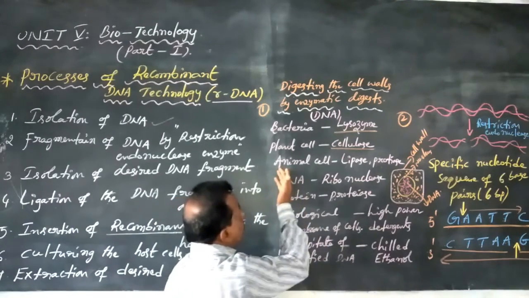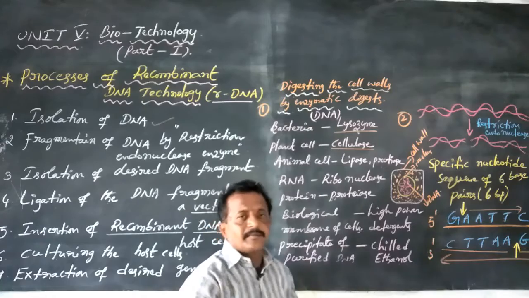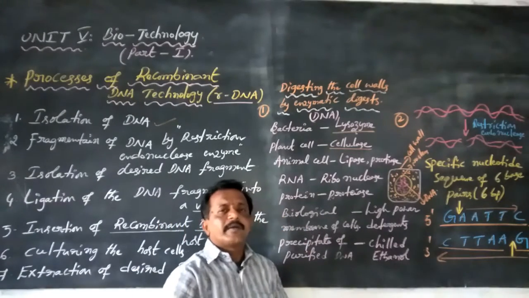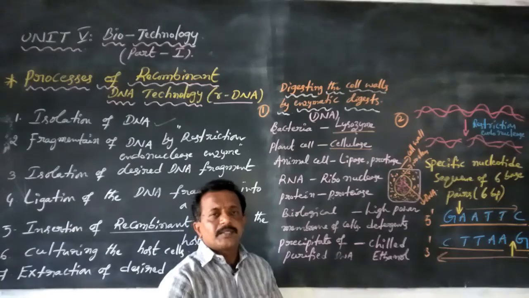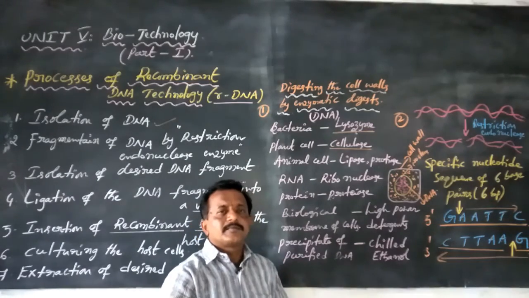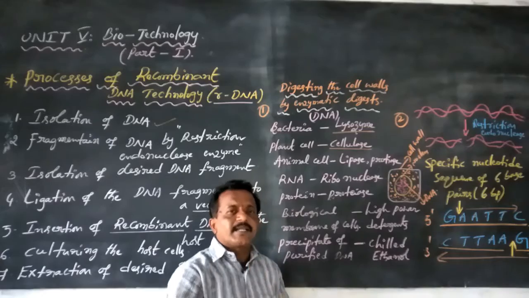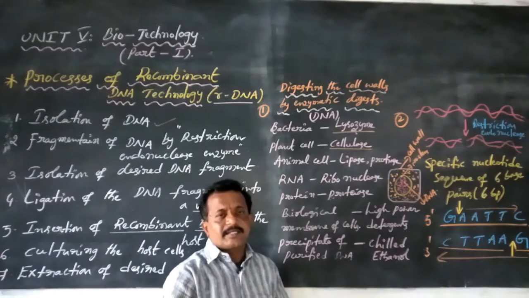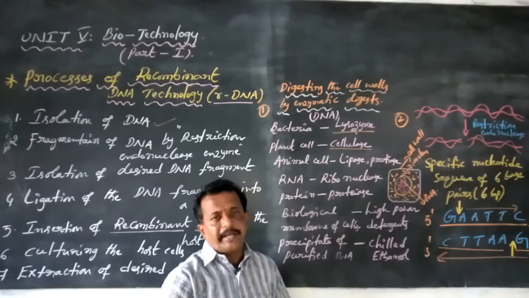If you want animal cell DNA, how do you separate it? Most cells contain cell walls with the cell membrane below, but animal cells do not contain a cell wall, only a well-developed cell membrane.